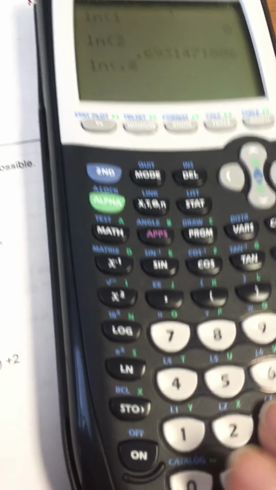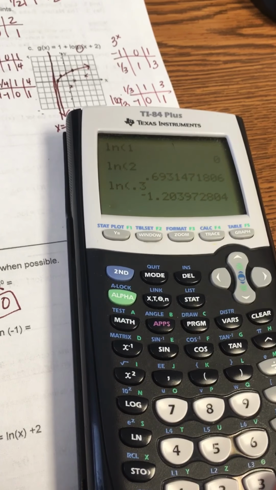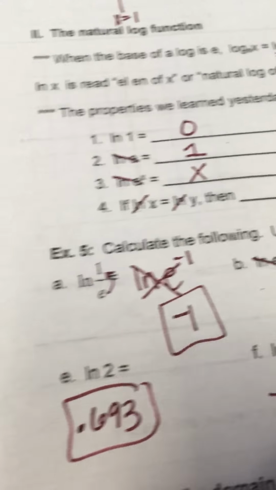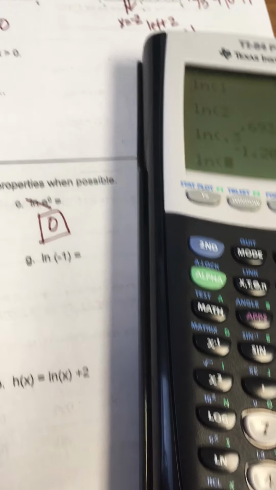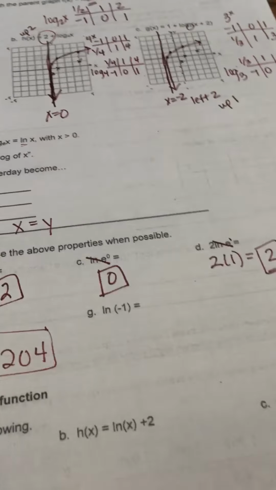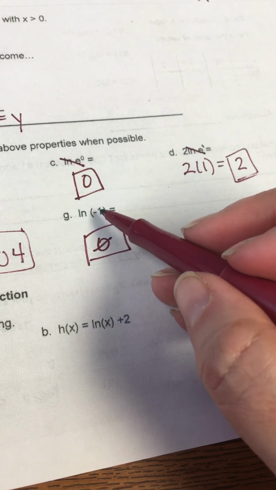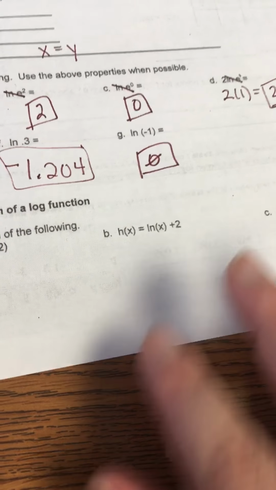Natural log of 0.3, so negative 1.204. Natural log of -1 doesn't exist, so non-real answer. So you can't actually do that, so no solution. Okay, so the values always have to be greater than 0 to be able to calculate it.